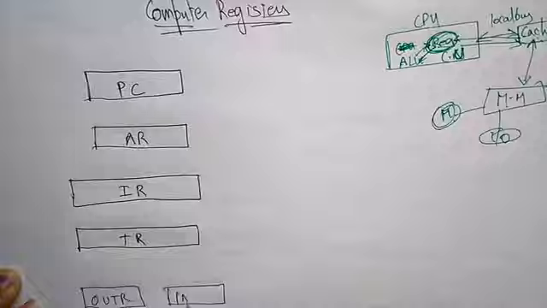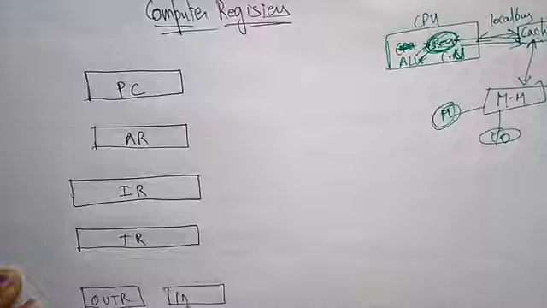The accumulator stores 16 bits of data, 0 to 15. The data register also holds 16 bits. The input register is only 8 bits and the output register is 8 bits, 0 to 7. The temporary register is a 16-bit register. The instruction register is also 16 bit, whereas the address register is 12 bit.